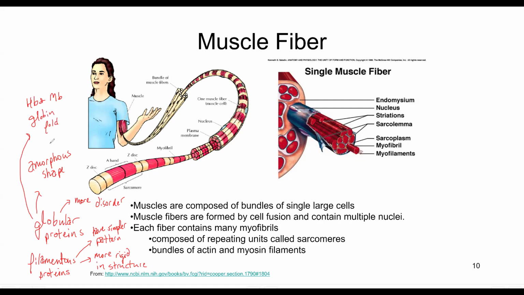Okay, so with a globin fold, you have lots of alpha helices. Maybe there's 9 or 10 alpha helices. With a globular protein, you have a series of alpha helices interrupted by random coils.